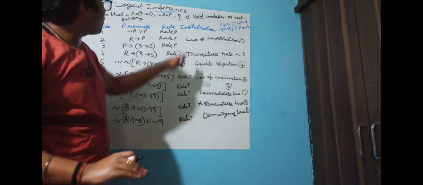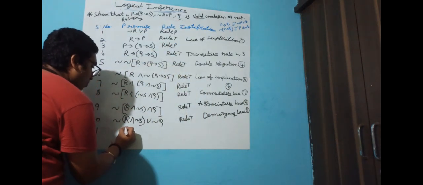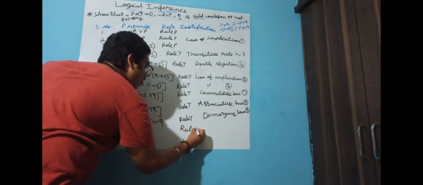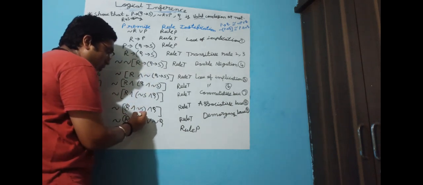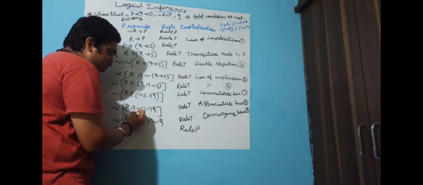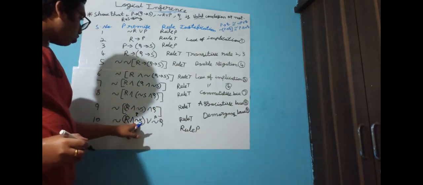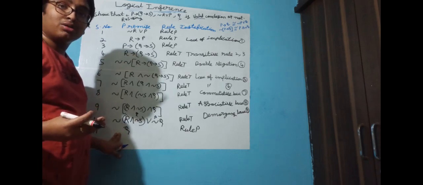Now what you do is introduce the premise Q. Step 11, introducing the premise Q, so nothing but rule P. From this you can say one thing. This is in the form of P or Q true, negation P true. Which one is this?